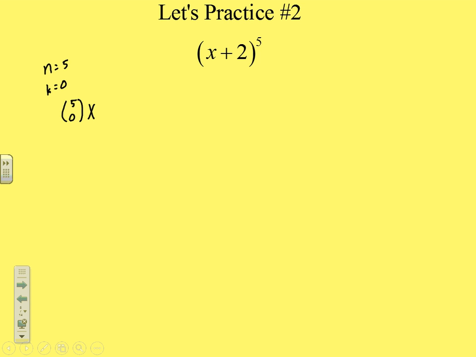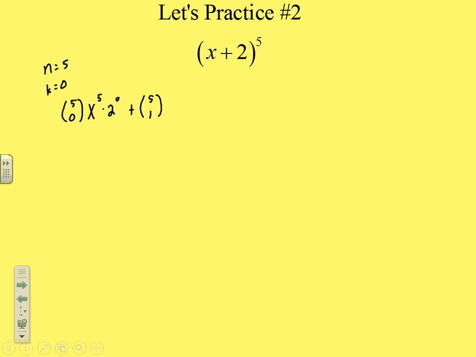Well, 5 minus 0 is to the 5th power, times 2 to the k power, which in this case is 0, plus 5 choose 1. The k value is going to start increasing because we're going through the summation process. So the first index number was 0.